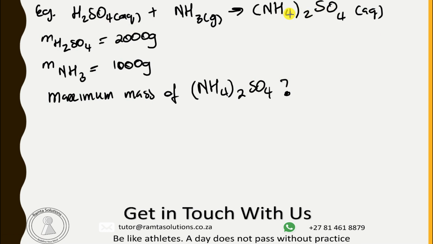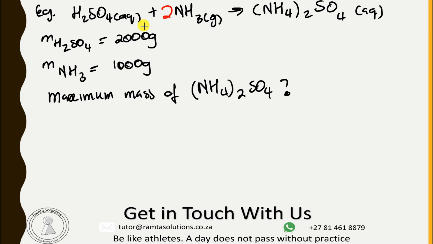So maybe let me try to balance the nitrogens. 2 nitrogen, 2 nitrogen, and we have 4 times 2 hydrogens, 2 times 3, 6 plus 2, it's 8. So maybe I should have used a different color. Let me balance it. Okay. So now it's balanced. Can you guys see that?